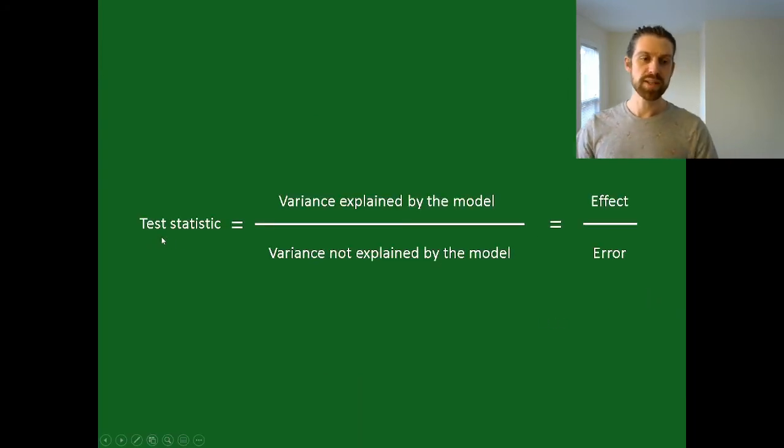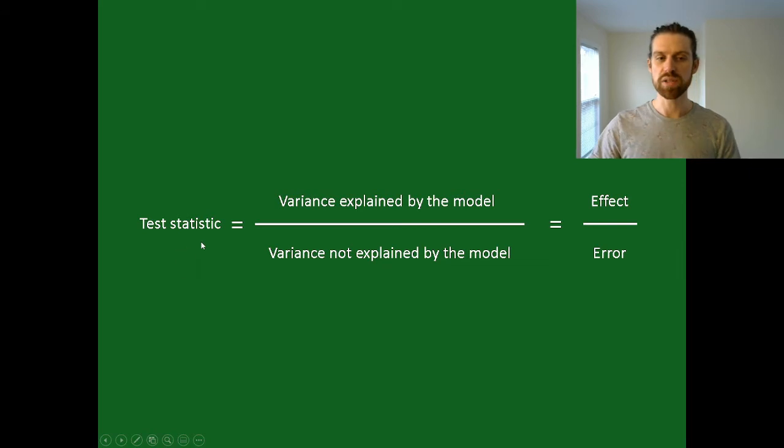And what we do is we take the test statistic in any of these models, and you'll be very familiar with this at a nuts and bolts level, because we've done this in pretty much all of the tests. So we've taken the variance explained by the model as the numerator, and then we've divided it by the variance that the model has not been able to explain. Okay, so we have the effect over the error term in order to give the test statistic.